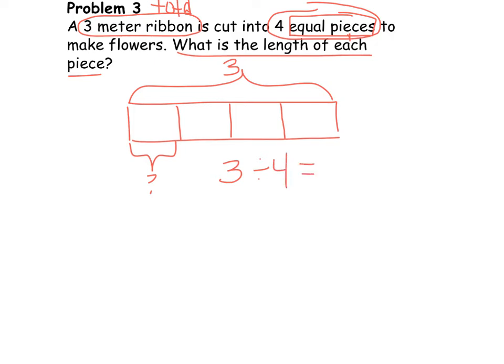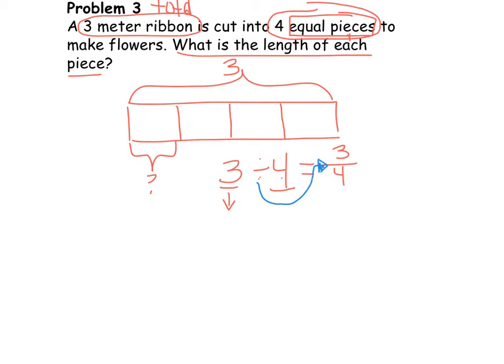Well, if you notice, this problem is different than the previous two because the dividend is smaller than the divisor. So in this case, I can go back to our previous lesson and say 3 divided by 4 is equal to 3/4. Because if you remember, that division sign is the same as a fraction bar.